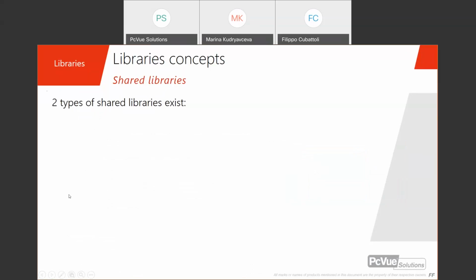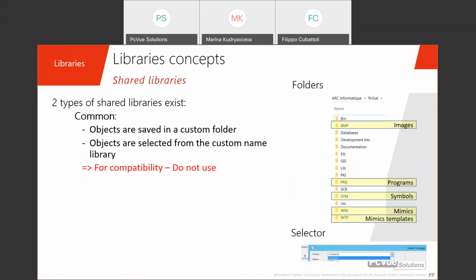The second type of libraries, as Marina said, are shared libraries. The shared libraries are available for any project in the station. And once again, there are two types of shared libraries. What we call the common libraries.